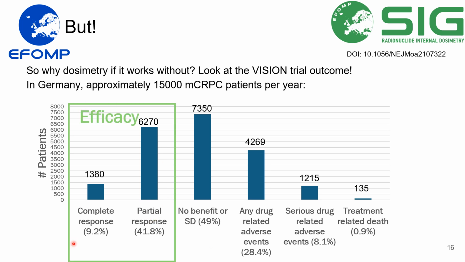So in terms of efficacy, yes, there are more than 7,500 patients, so more than half of the patients, having either partial or complete response. But unfortunately, we will have more than 7,000 patients also with no benefit.